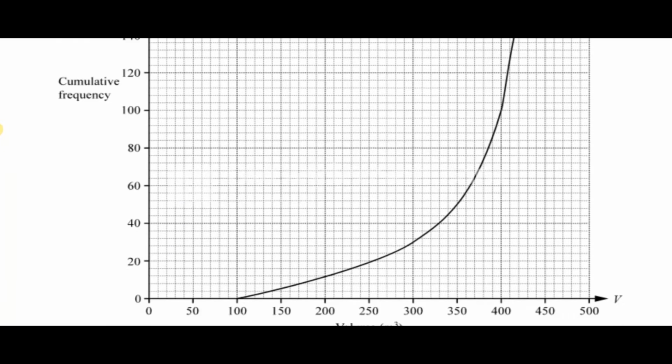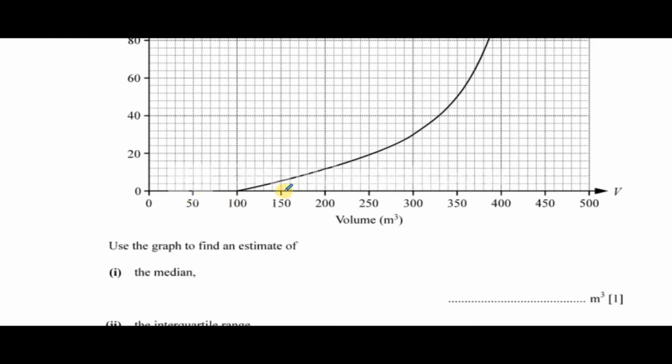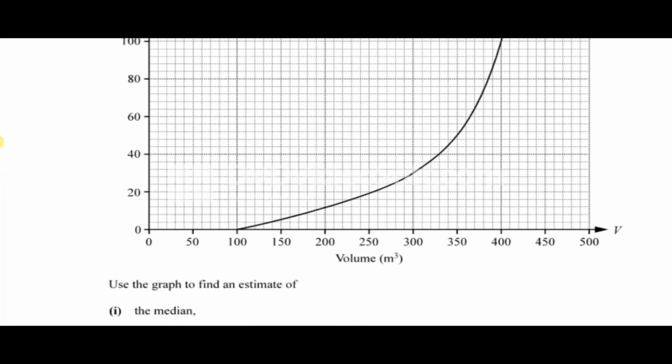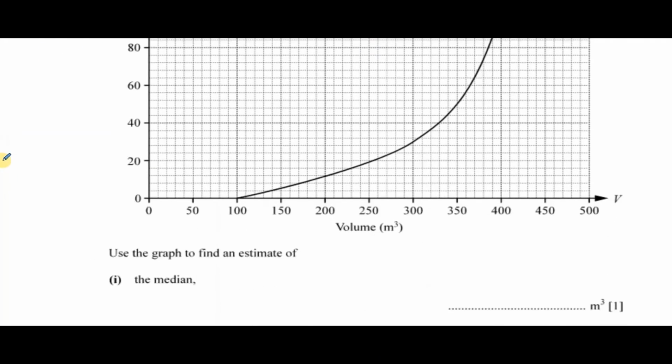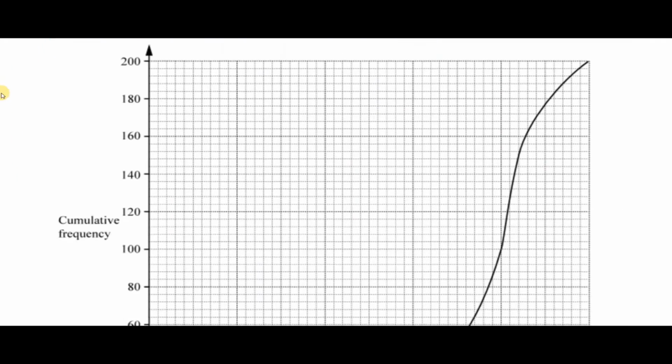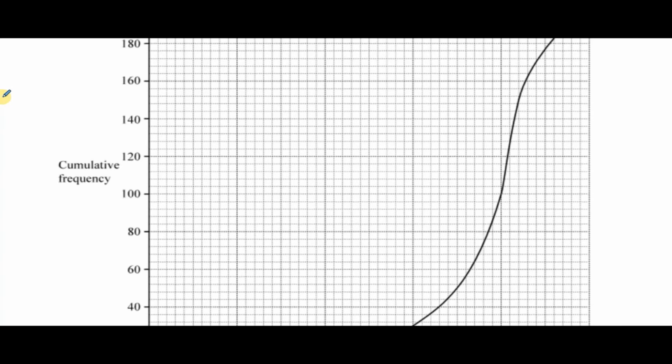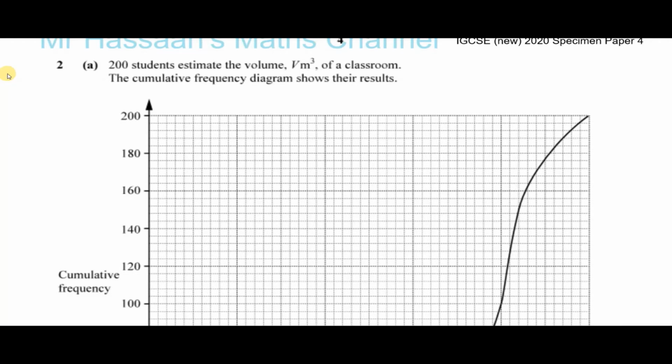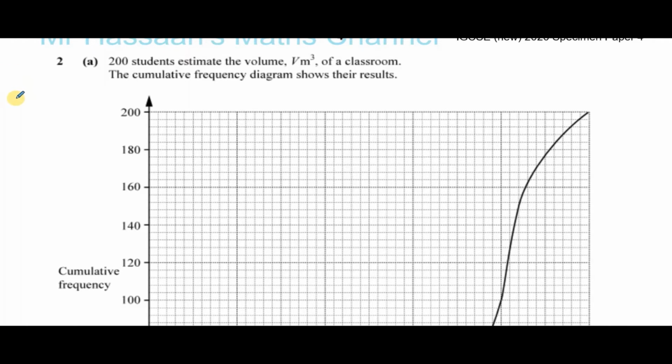They estimated the volume was less than those. You plot those points on the cumulative frequency curve and you draw the curve. So we don't actually have the data, but we have the graph that's drawn from the data. So what we have to understand is the cumulative frequency curve is made from a grouped frequency table, and you turn it into a cumulative frequency curve.